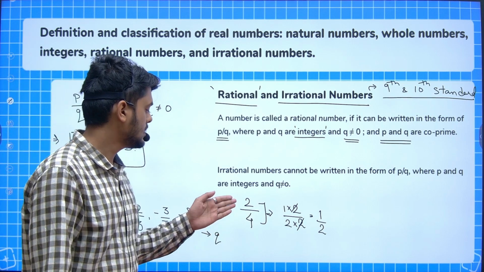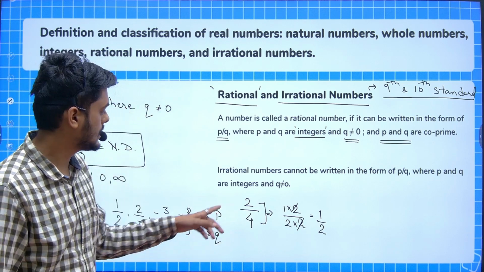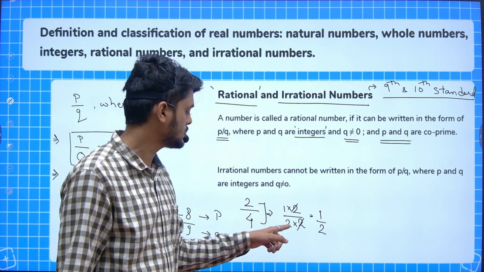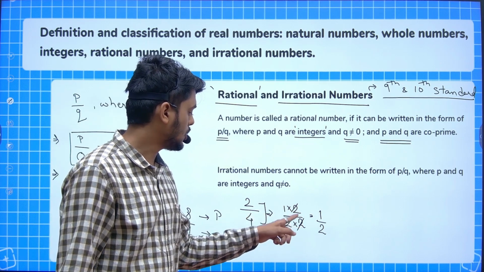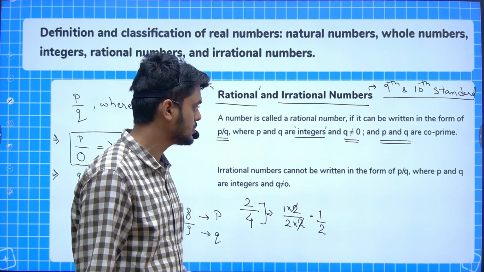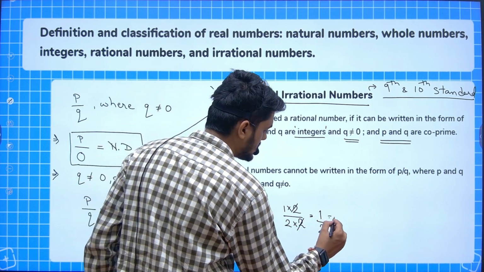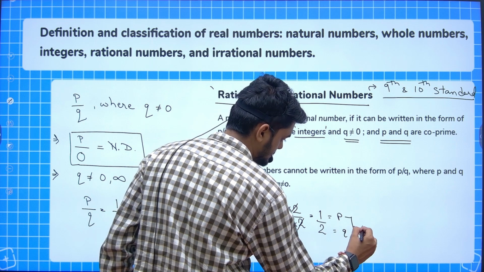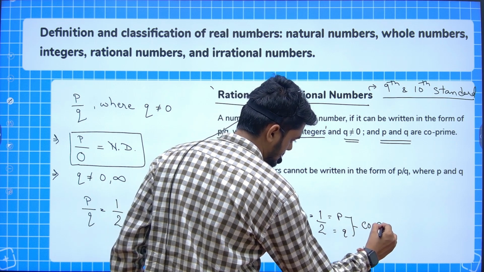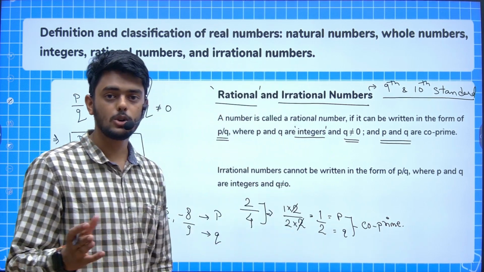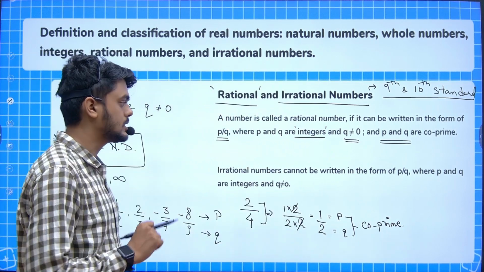For example, if I take 2 by 4, I can write this as 1 multiplied by 2, and 4 can be written as 2 multiplied by 2. The common portion of 2 would be cancelled out, and the result would be 1 by 2, resulting in p and q being co-prime. I hope you have got this.